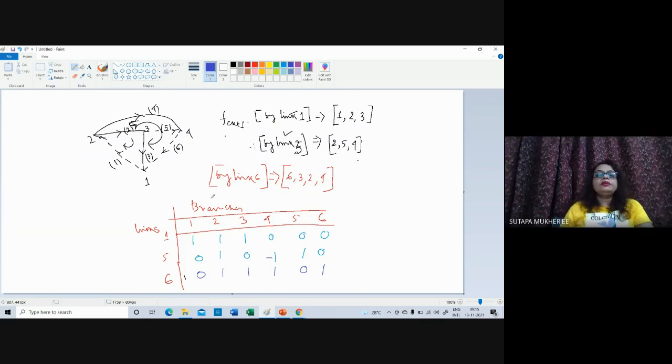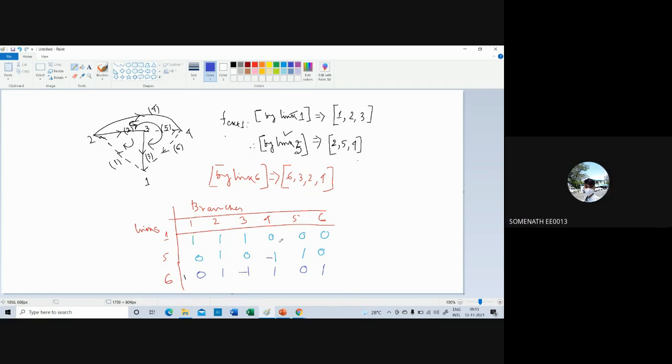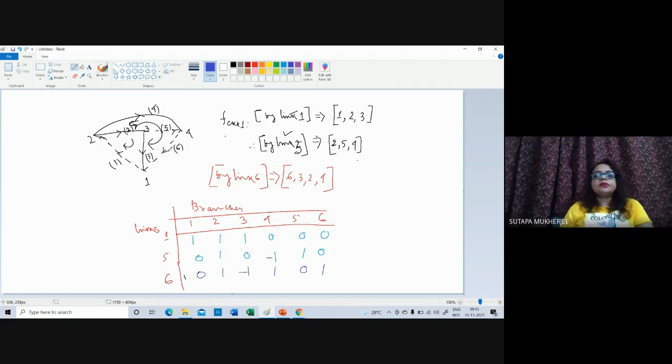And for branch 3, direction is this, and direction is opposite. So it will be -1. Am I correct? Yes, ma'am. For branch 4, this is like this, and this is opposite. Is this opposite or same for 4?